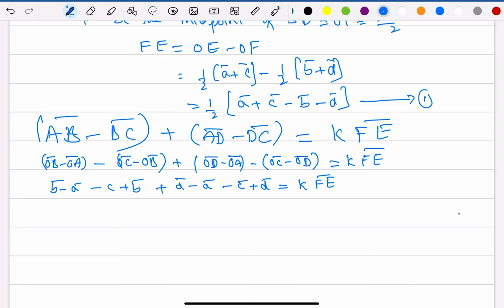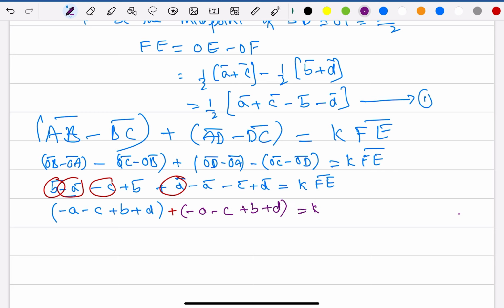I'll make the groups: minus A minus C plus B plus D, minus A minus B. So minus A minus B plus B plus D is one group. The remaining is plus of minus A minus C plus B plus D, is equal to K into FE vector.